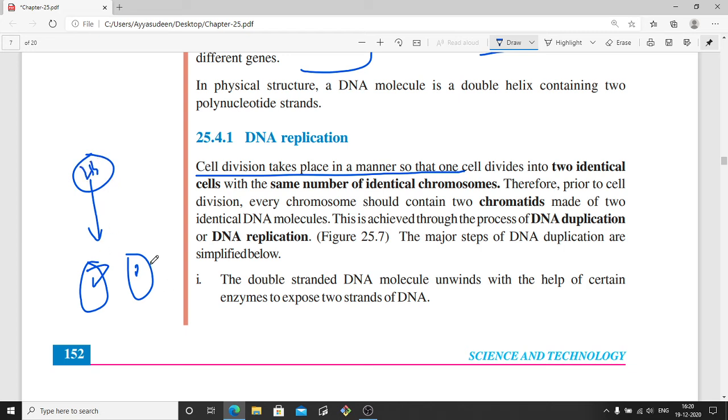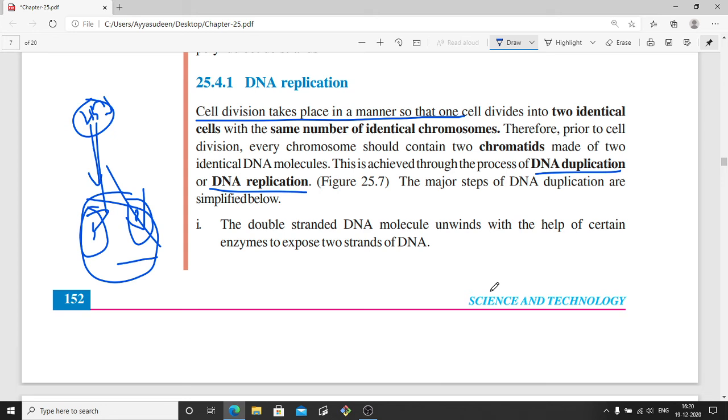So when it has to divide into two new cells, it will produce one more copy, which will be divided equally. This is called DNA duplication or DNA replication. Before the division, the DNA has to be duplicated so that it can be divided equally into the different cells.